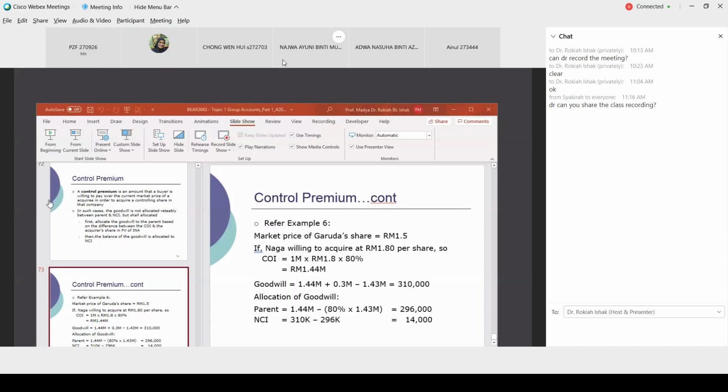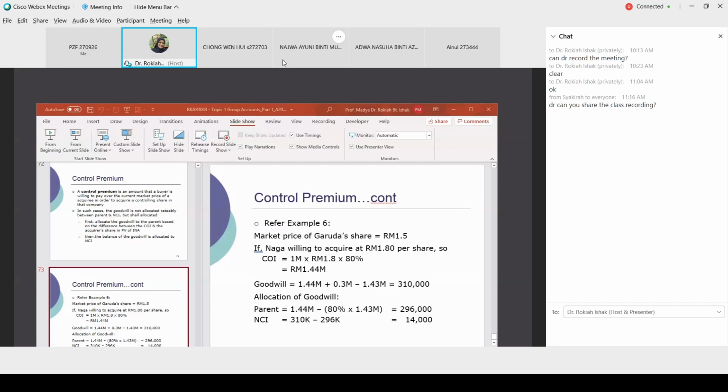No question. Please, for the next class, make sure that you read the second part of your notes. The second part of your notes takes about half an hour to finish. And also study topic 2, because in topic 2 we're going to start with the intra-group transaction, when we have transactions between parent and subsidiaries.